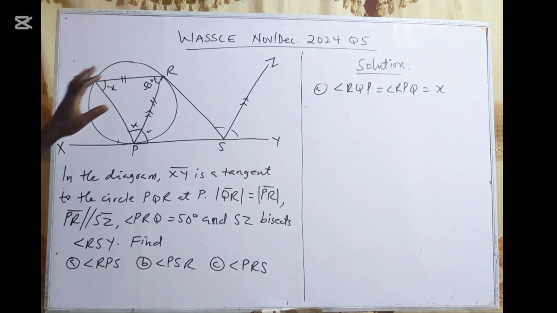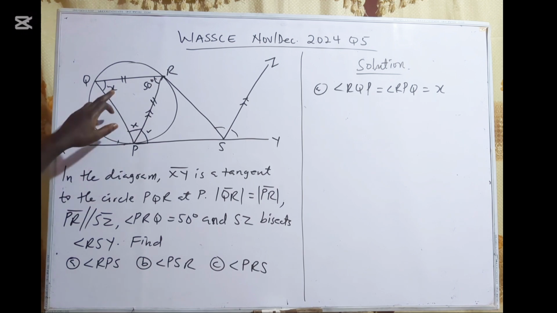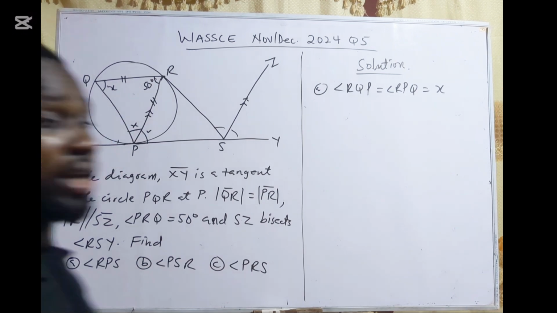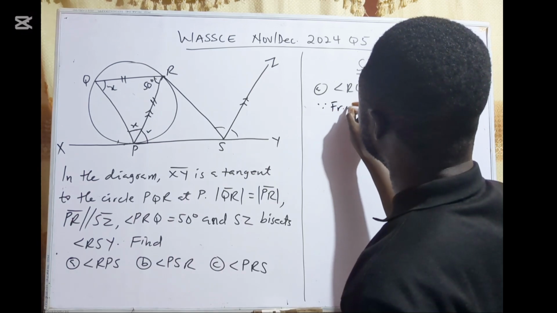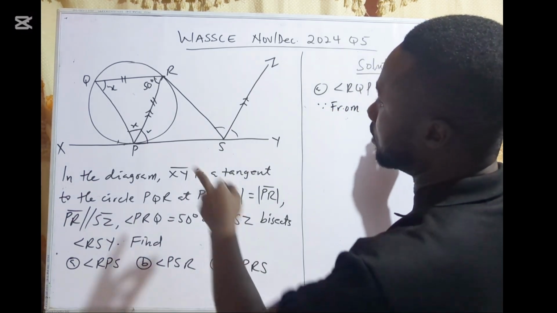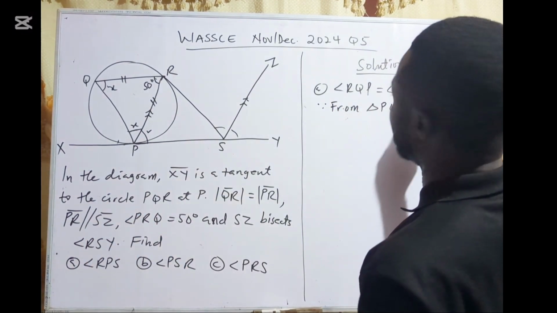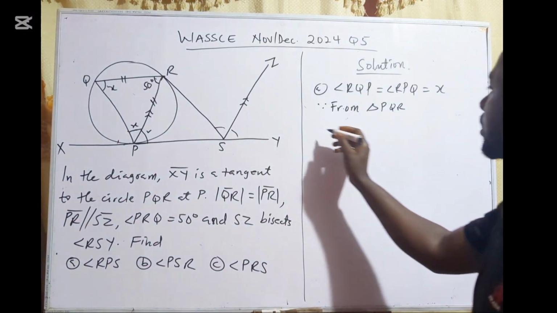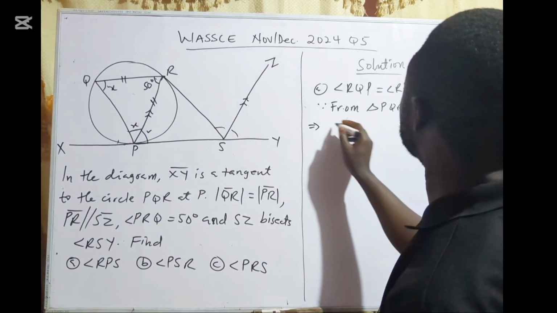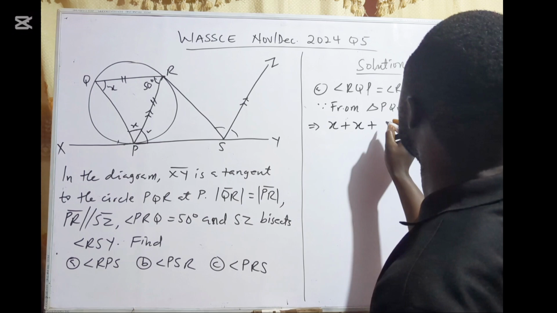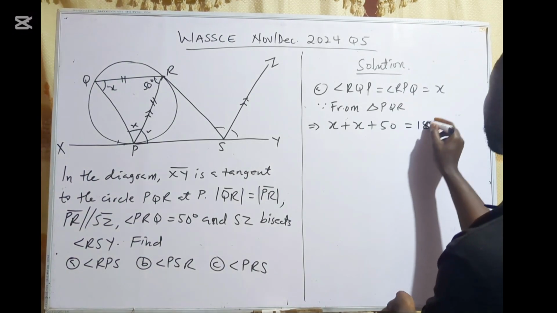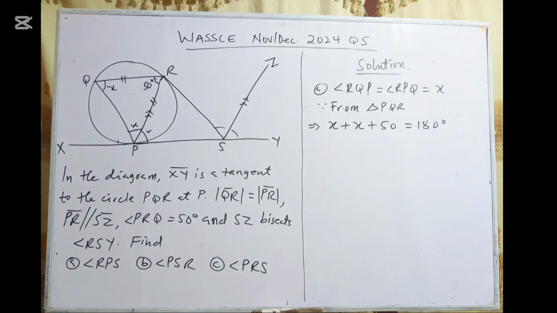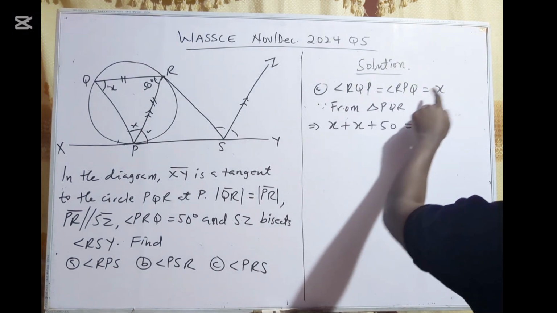Then the sum of the interior angles of a triangle is 180 degrees. So from triangle PQR, x plus x plus 50 degrees is equal to 180 degrees, because these two angles are equal to x.